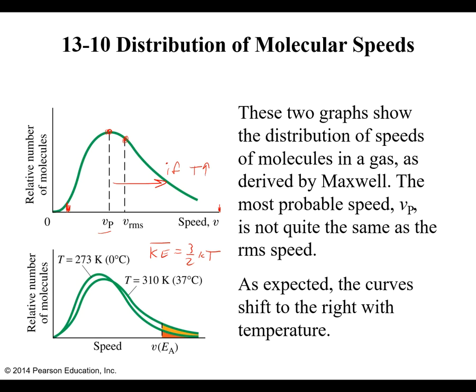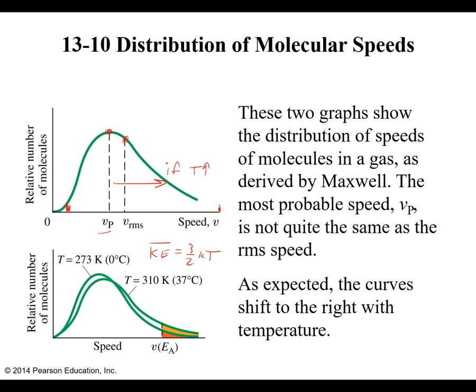On the bottom left, we're looking at two graphs. One is the distribution of the speed of molecules within an ideal gas. One at 0 degrees Celsius, one at 37 degrees Celsius.